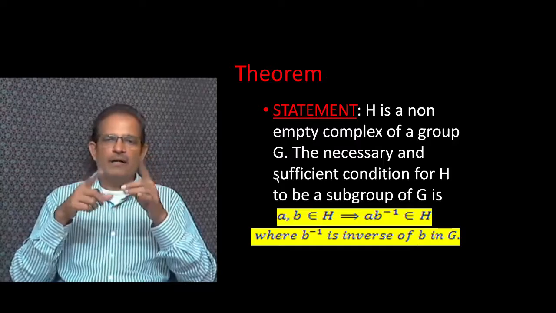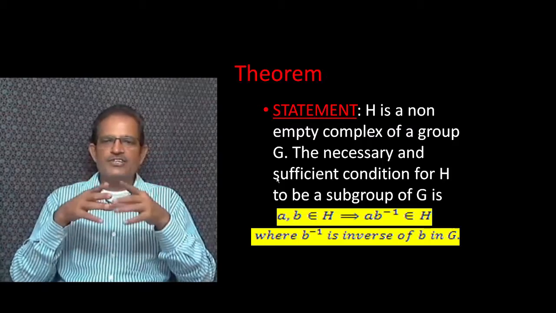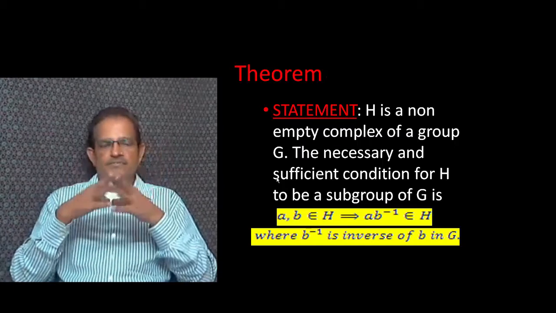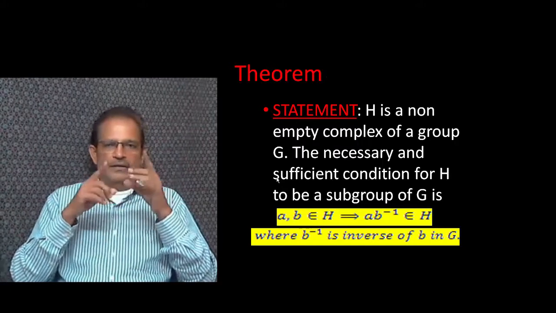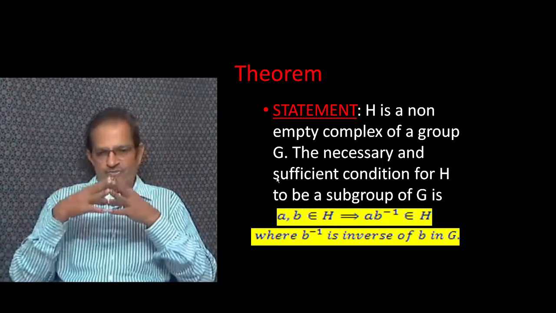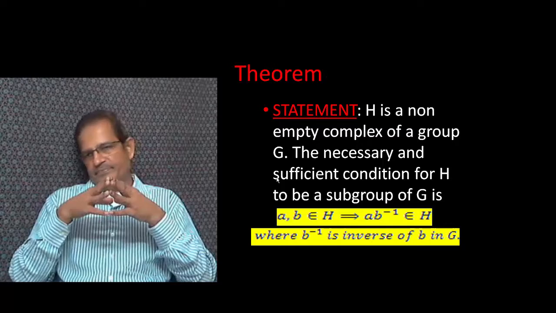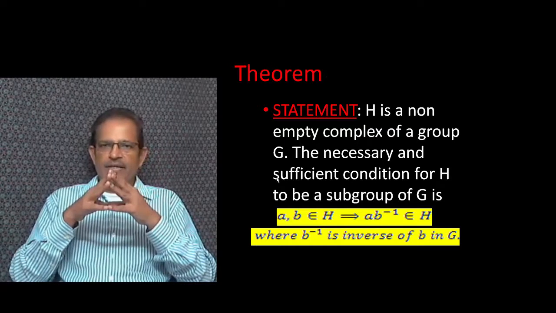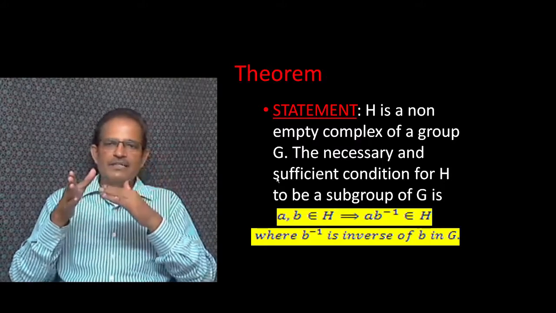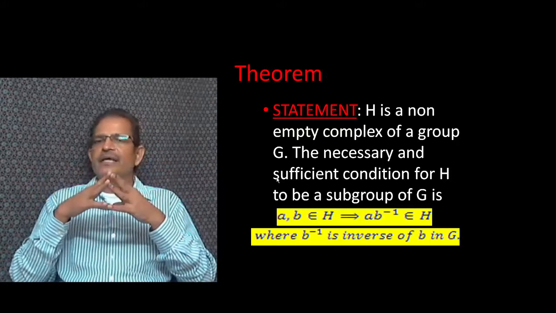H is a non-empty complex of a group G. The necessary and sufficient condition for H to be a subgroup of G is A, B belong to H implies A B inverse belongs to H, where B inverse is the inverse of B in G. So the statement is: H is a non-empty complex, G is a group. The necessary and sufficient condition for H to be a subgroup is that if A, B belong to H, then A B inverse should be in H.